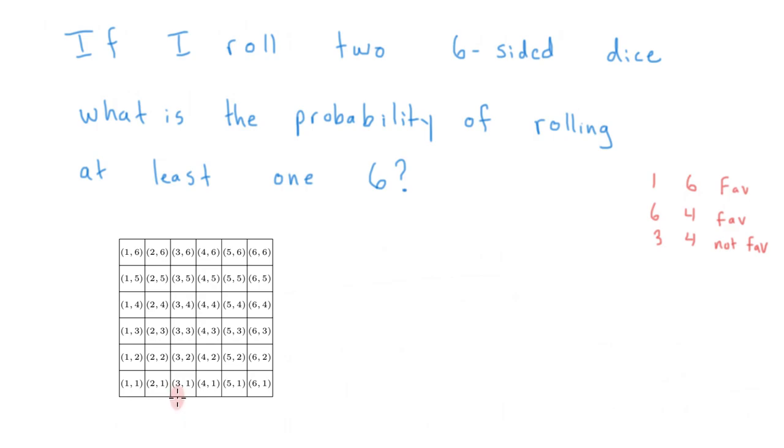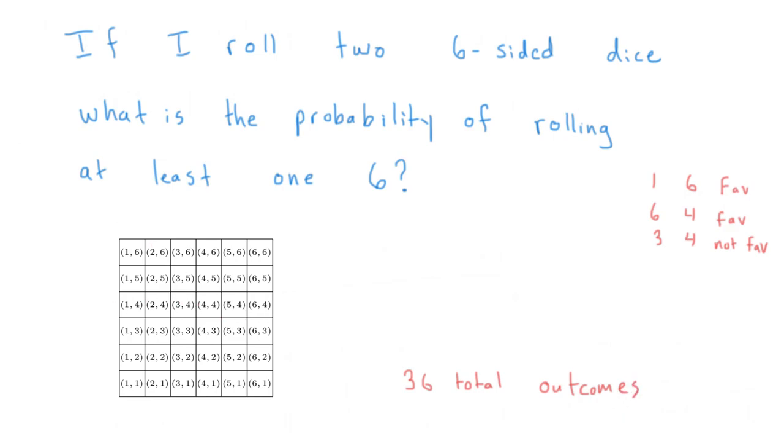So the first die can be 3, 4, 5, 6, and then for each one of those outcomes, the second die can be whatever it wants. So there are a total of 6 times 6, so 36 total outcomes. And that's important to know because that's going to be the denominator of our probability fraction.